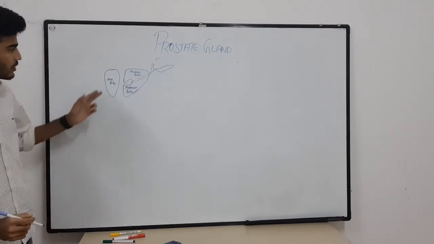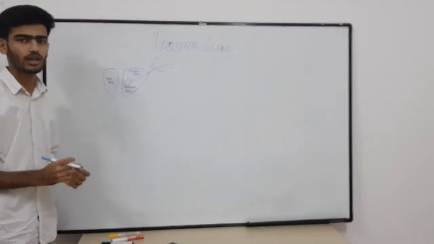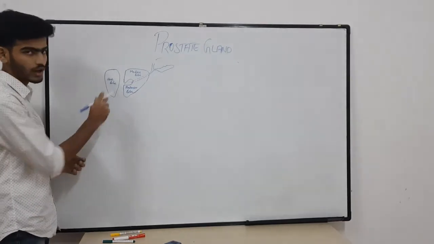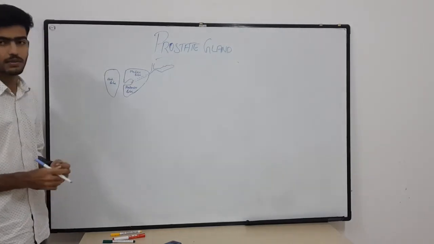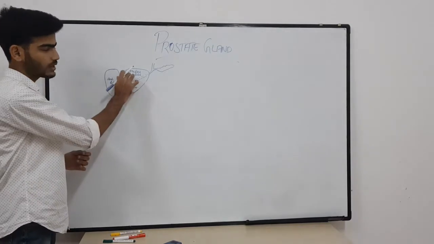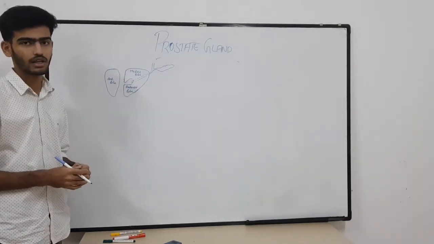The anterior lobe is a fibromuscular part. There are no glands in the anterior lobe. While coming to the median lobe, glands are present, and it is very common for benign tumors, that is benign prostatic hyperplasia.